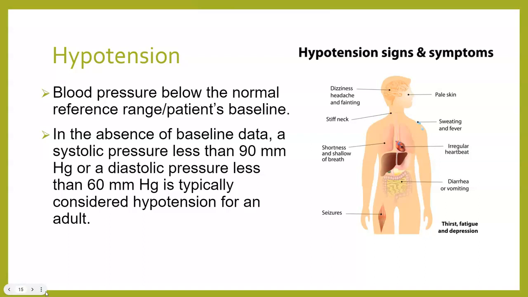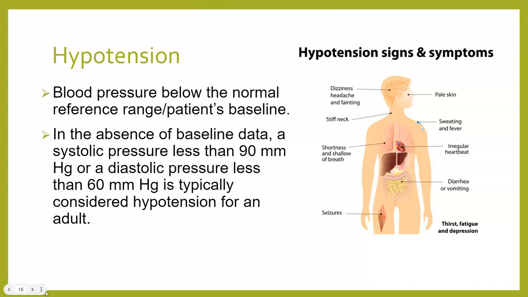So you're not getting adequate blood and nutrients to your brain and different organs, so it'll cause dizziness, headache, fainting, pale skin, sweating and fever, and an irregular heart rate because your body's trying to keep up. Also diarrhea, vomiting, shortness and shallowness of breath. It can cause seizures as well.